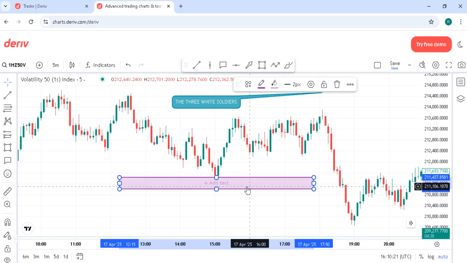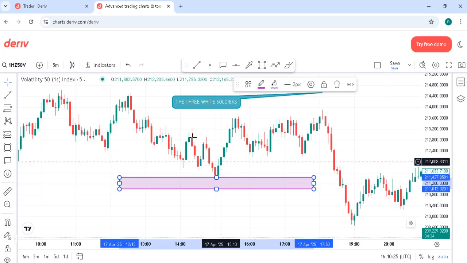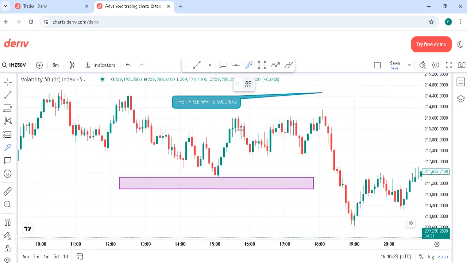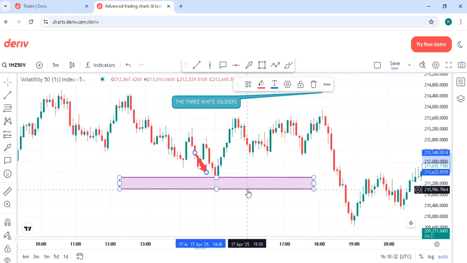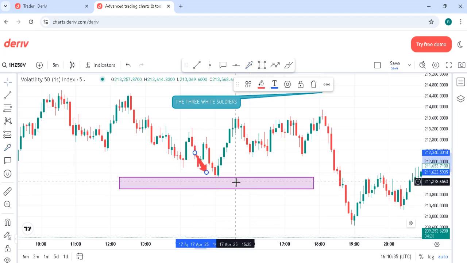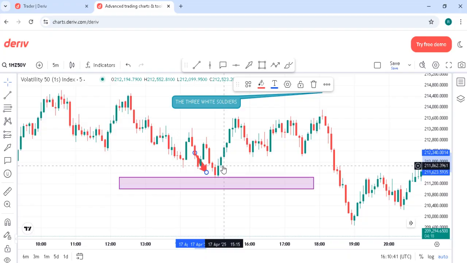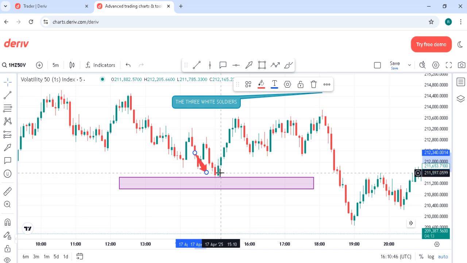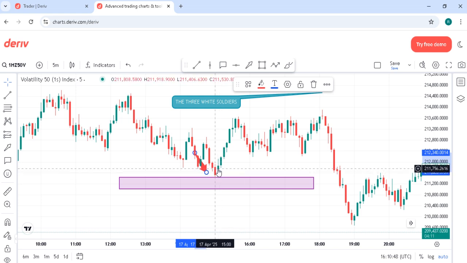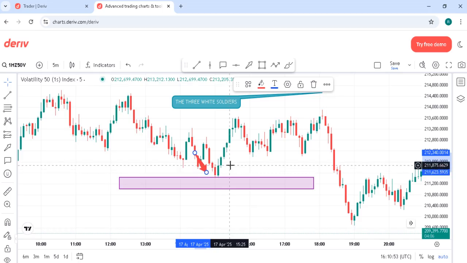candlesticks. So in this pattern, what happens is that after a downtrend, so there has to be a downtrend first, and then after a downtrend, once you see a bullish candlestick form, and then followed by another bullish candlestick which opens within the body of the first one, or where the first one closes.